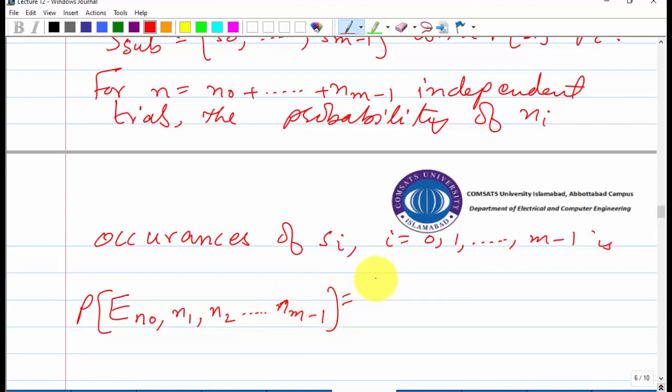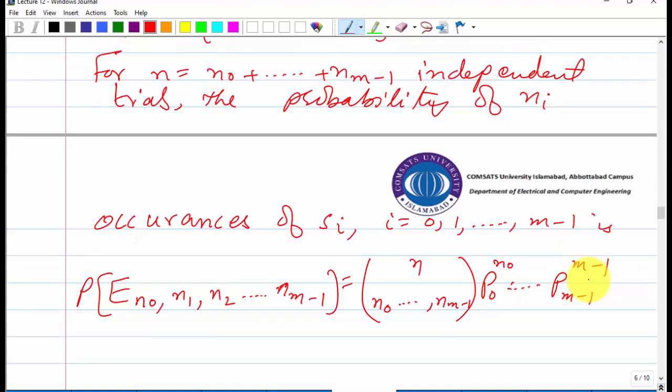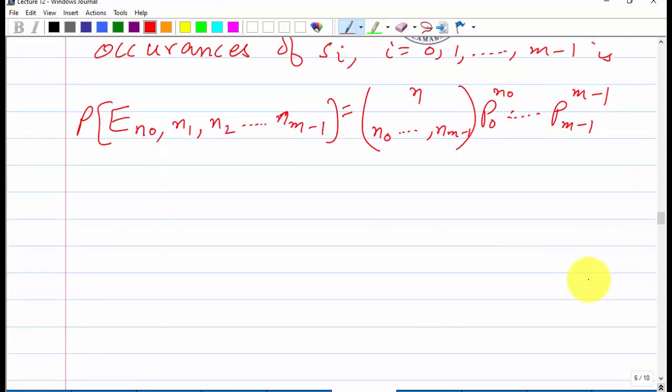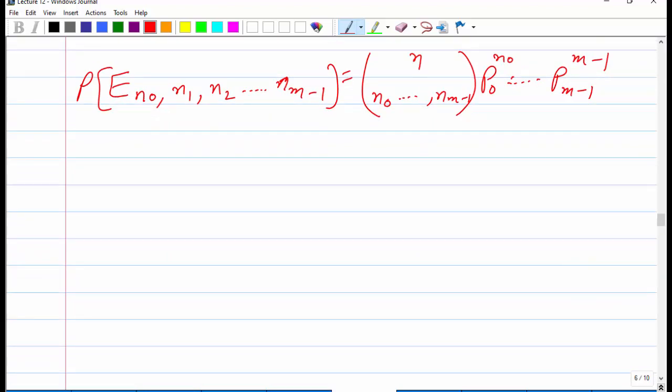So this is equal to the same way we have written the multinomial coefficient, with the product of the probabilities, each raised to the corresponding number of times, up to P m minus 1 to the power n m minus 1. So to understand this, let's see a very quick example.